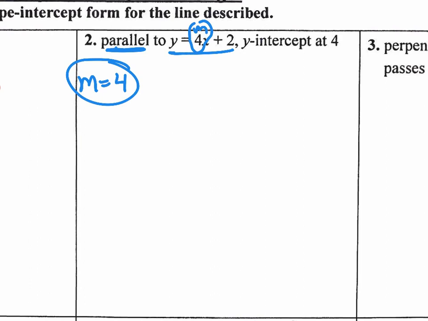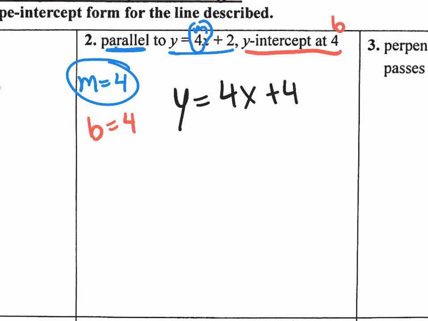What else do they give us? They give us a b value. The y-intercept is the b. So that's really easy to write in slope-intercept form. That's simply y equals 4x plus 4. Easy peasy, lemon squeezy.